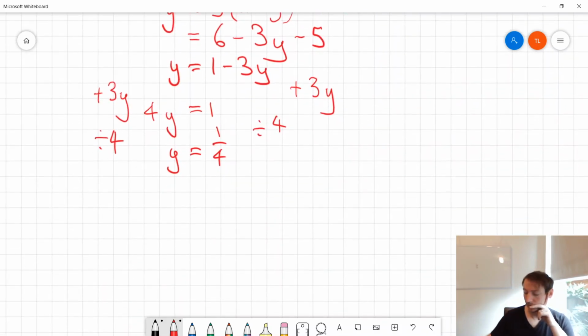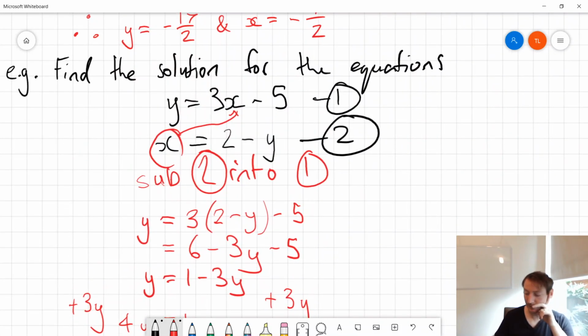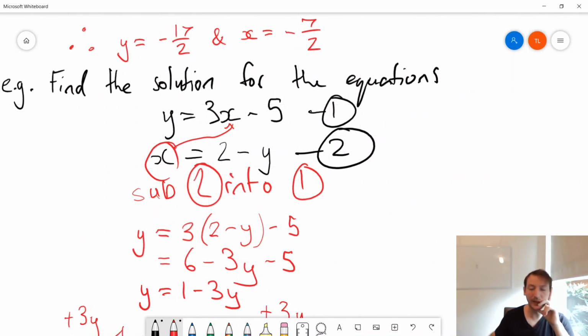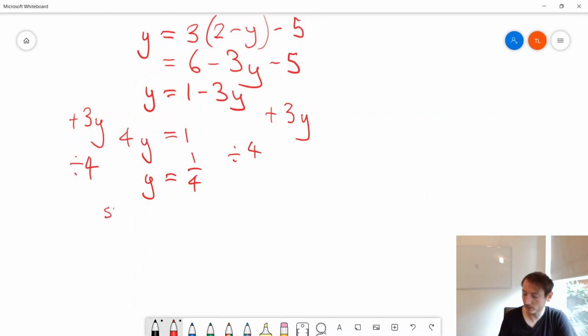Okay. Now I know what my y value is. So I know when these two intersect, they are hitting at 1/4 above, 1/4 up the y-axis. Just need to figure out the x value. Let's use 2, because that's going to be nice and easy. 2 minus 1/4. So sub y equals 1/4 into 2.